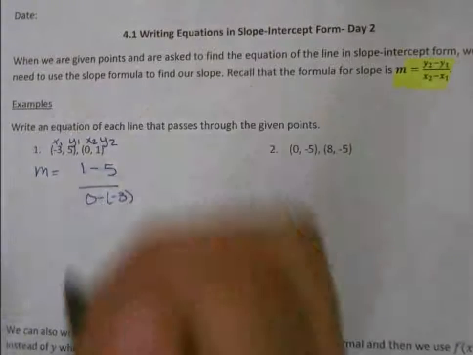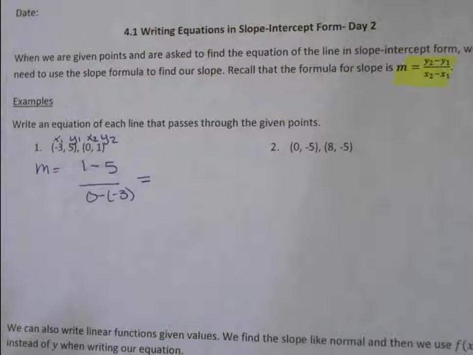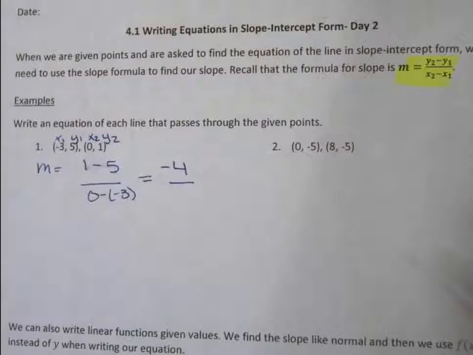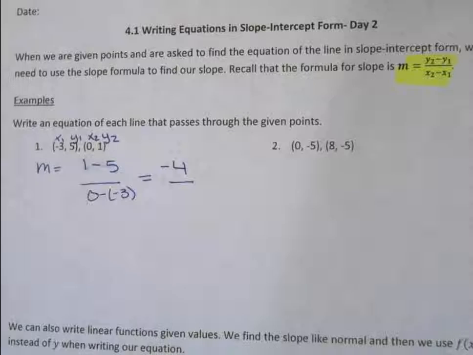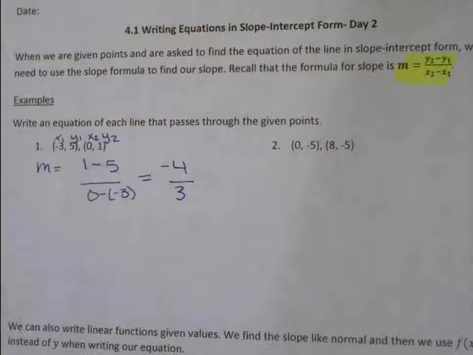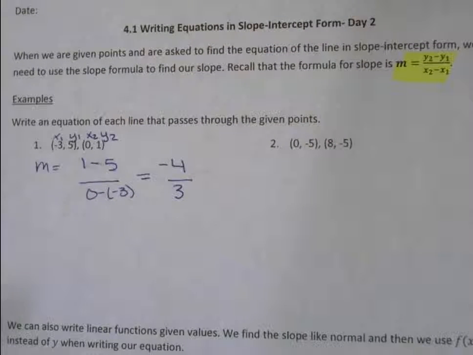Okay, so then what's 1 minus 5? Negative 4. And 0 minus negative 3. It's actually positive 3, because remember double negatives? It makes it positive. So then my slope is negative 4 over 3.